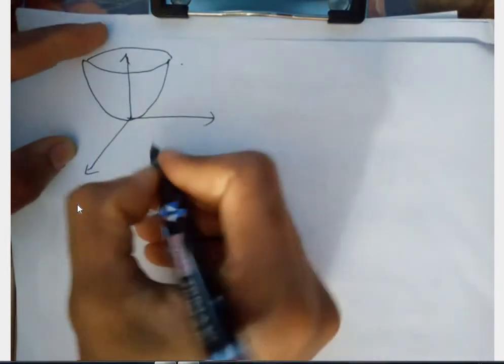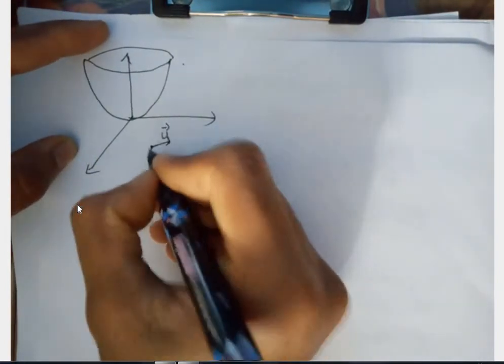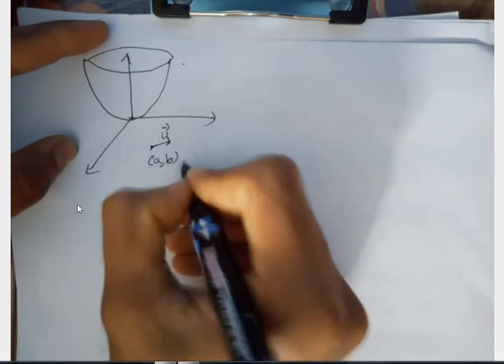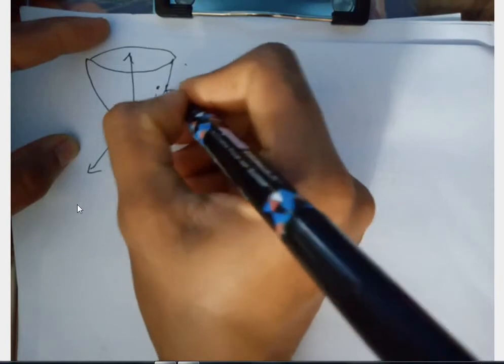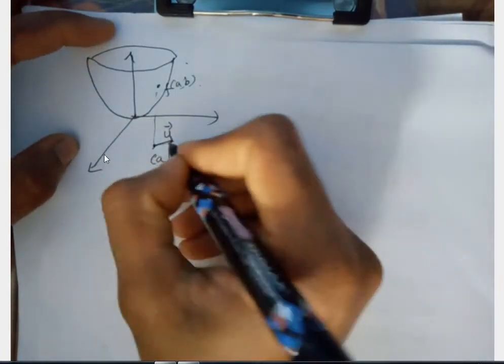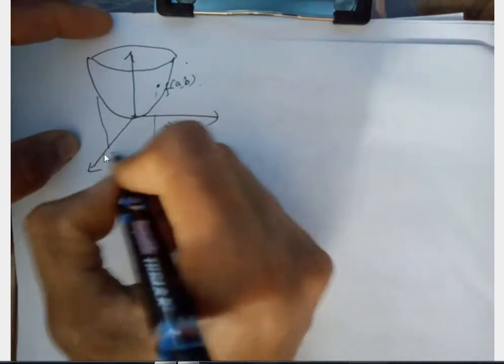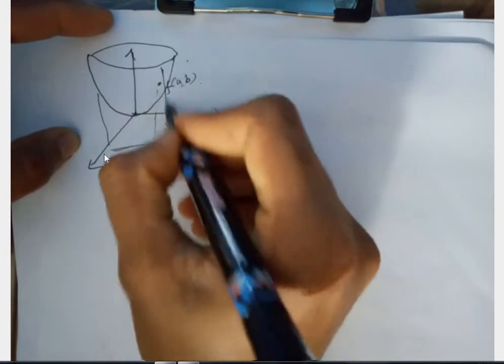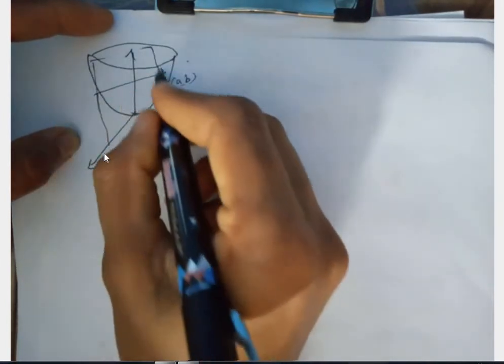Here I take a vector u at this point (a, b). Correspondingly, suppose this is the image of this point, f of (a, b). Corresponding to this vector u, in the direction of u, I take a plane in this direction.